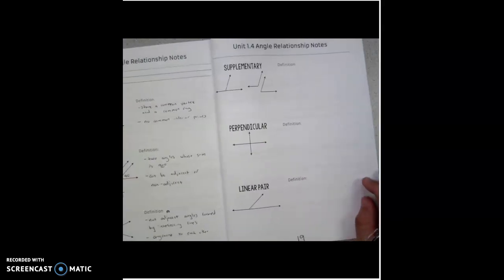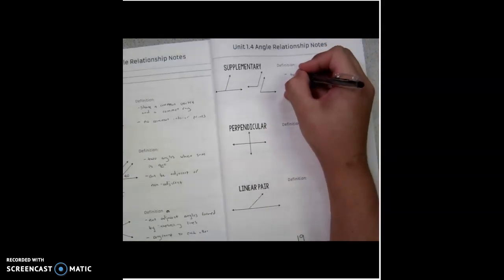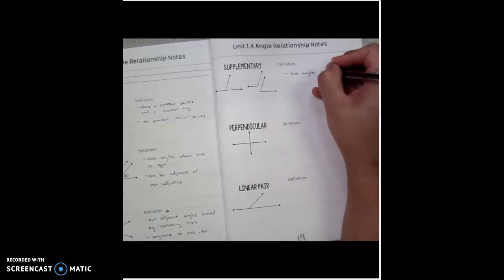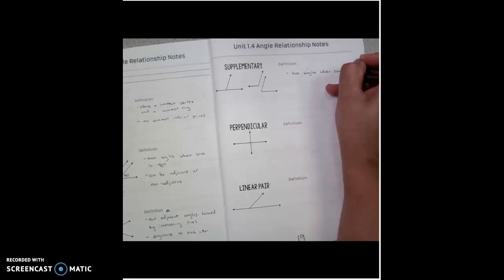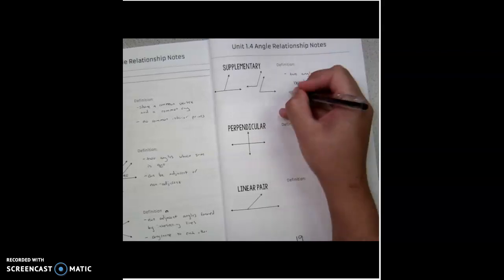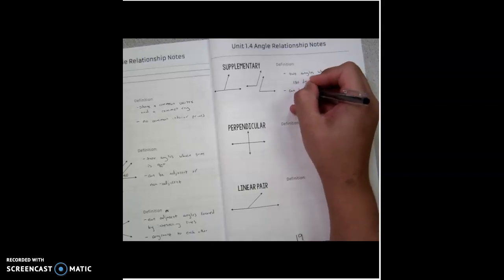Okay. The next is supplementary, and similar to complementary, it is the sum of two angles, but this time the two angles are going to add up to 180. So two angles whose sum is 180 degrees. These can be adjacent or non-adjacent, meaning they can be next to each other or not.